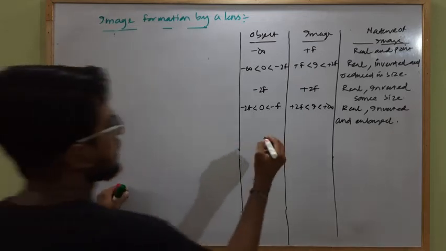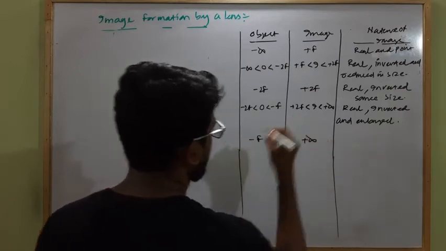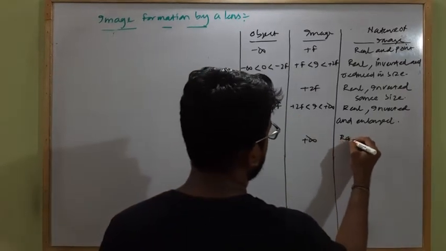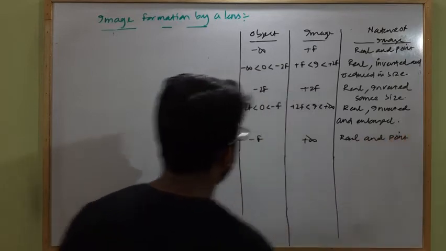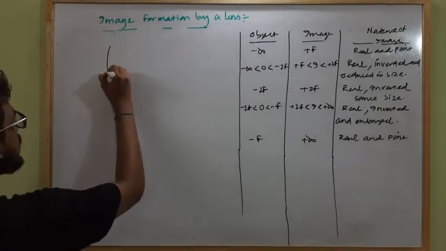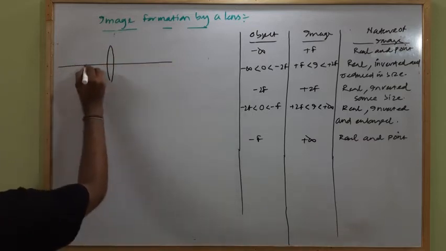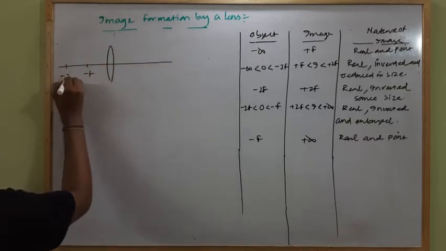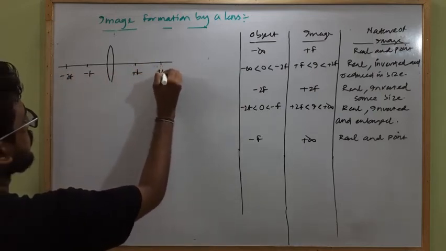When the object is at minus f, the image will be at plus infinity. It is real and point, like this. This is the optic lens. This is minus f, minus 2f, plus f, plus 2f.